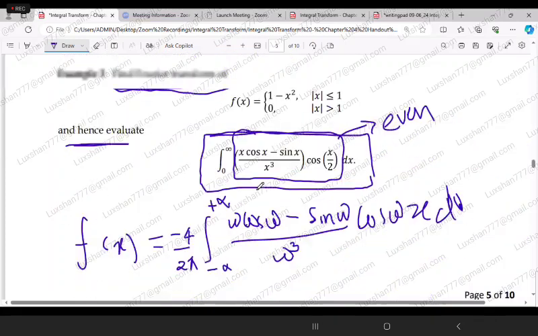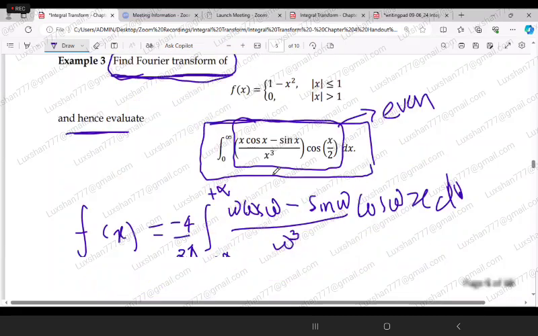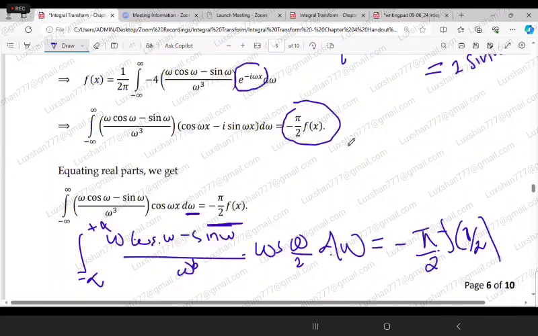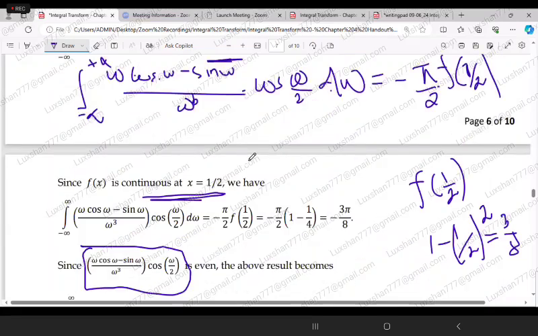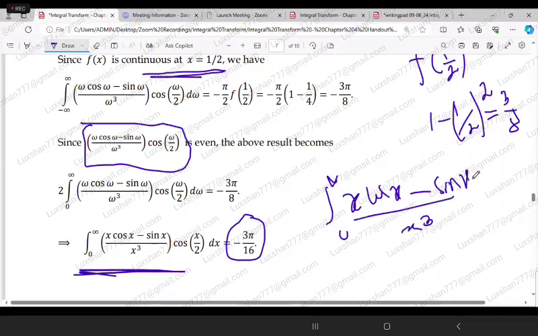Now, say for an example, if you want to find the integration 0 to infinity of (x cos x minus sin x) divided by x cube into cos x by 2, then what will be the answer?